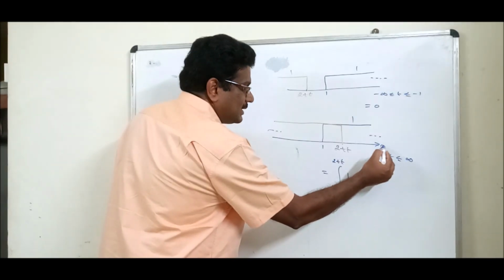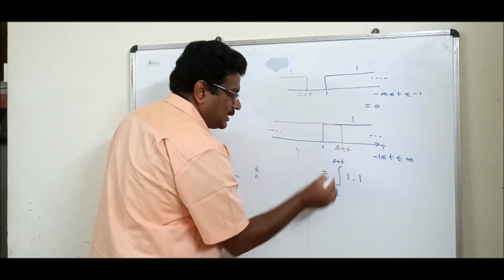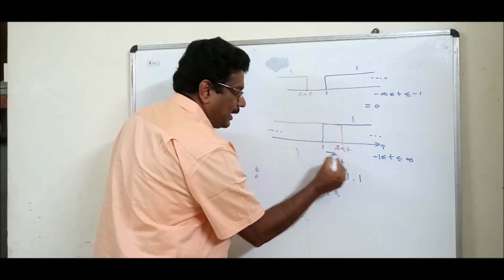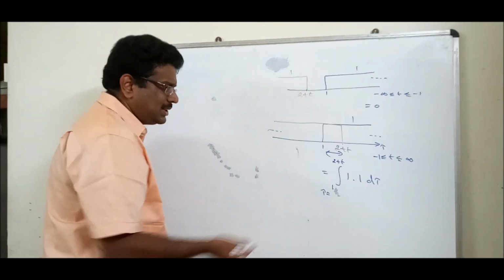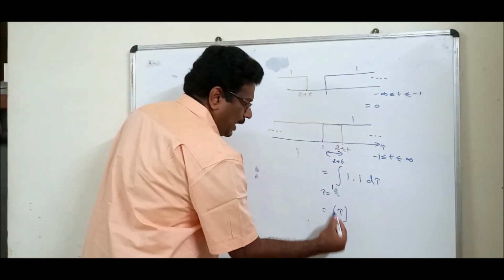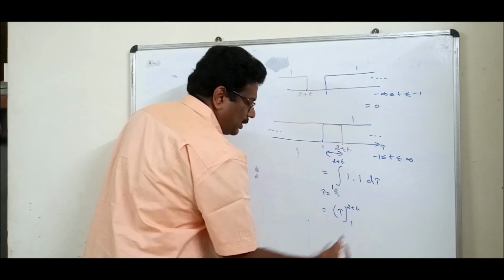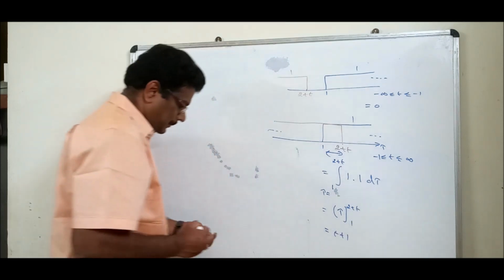On which axis? The tau axis. So tau is varying from 1 to 2 plus t. I have common area in this place. If I multiply with respect to tau, just integrate. What is the answer? It is tau, upper limit 2 plus t, lower limit 1. The answer will be t plus 1. Am I right?